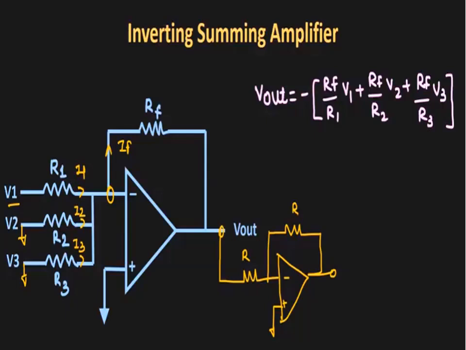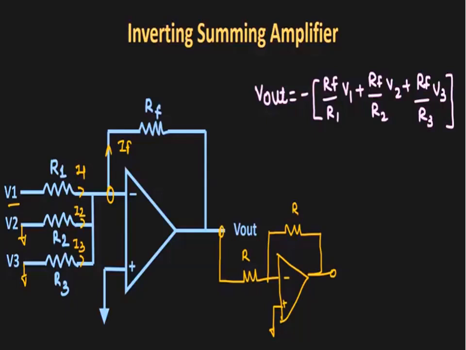So what equation will I get? The original equation: Vout is equal to minus of RF by R1 V1 plus RF by R2 V2 plus RF by R3 V3. I want to make this a positive voltage, so the same output I am obtaining, I am giving as the input to a voltage follower. The second circuit that I have drawn in yellow color is a voltage follower.